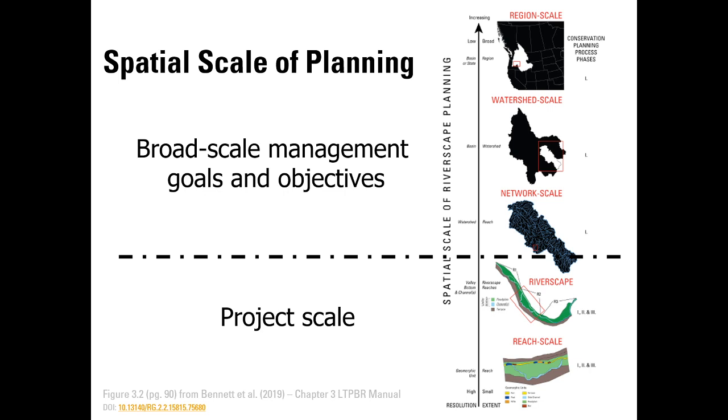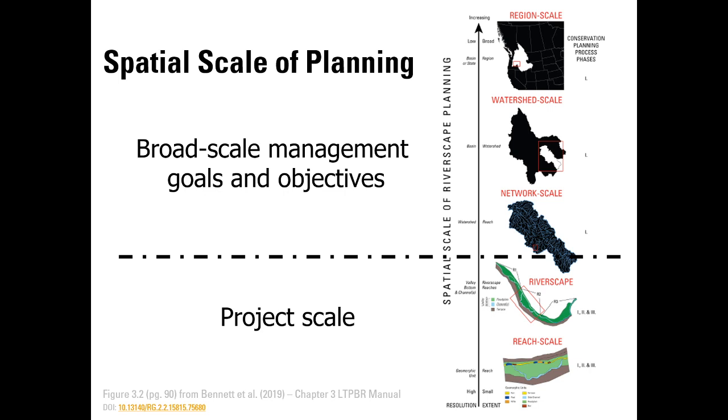Before I hop into the architecture of the conservation planning process that we'll be following, I want to talk for a minute first about spatial scale of planning. Of course, this is happening at multiple scales, right? We're all focused primarily at the project scale and doing things on the ground, but that local action is also embedded in a larger geographical context.